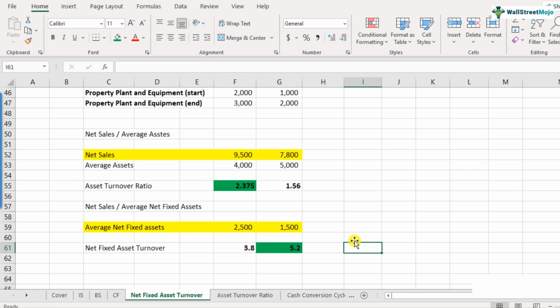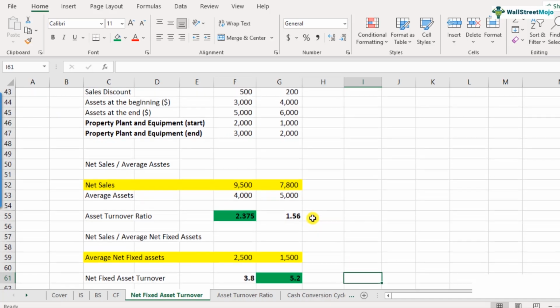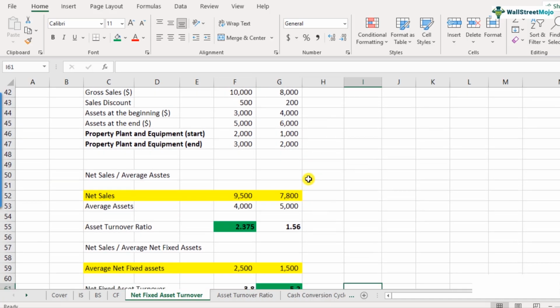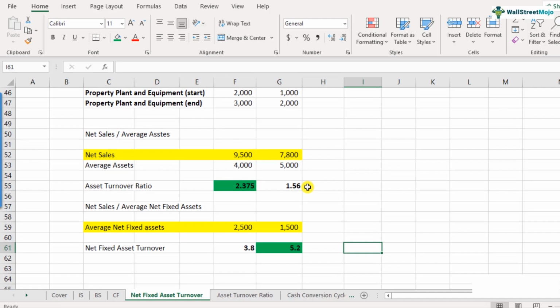What this could mean is that for company B, maybe a lot of assets is blocked in intangible assets, maybe goodwill or trademarks or legal rights, or maybe in current assets as well.